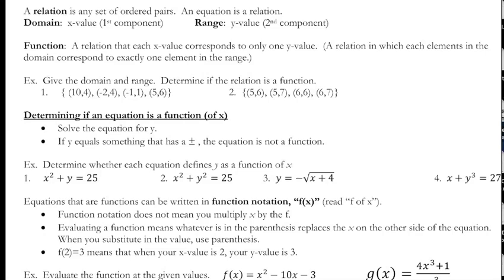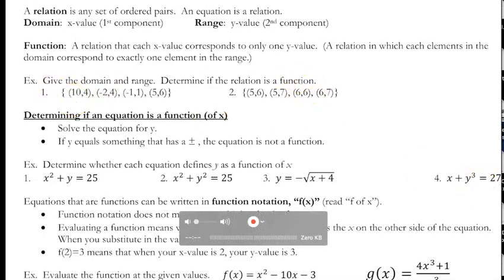If when I tell you x, you can give me one answer for the y, what we have is a function. If you can't give me one y to match that x, then what we have is not a function. So we're going to take a look at these two examples.